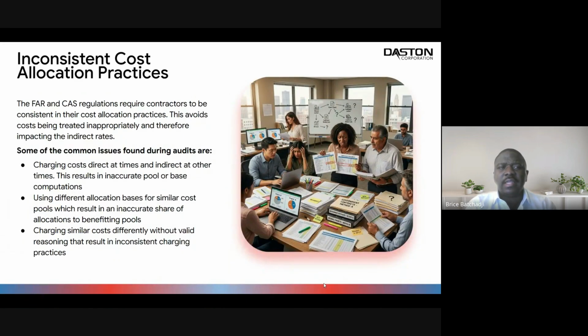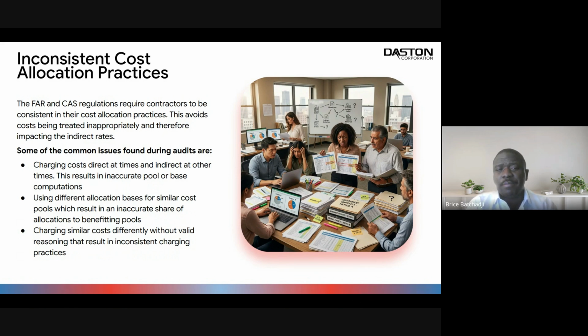On the next slide, we then discuss inconsistencies around cost allocation practices. The main one really just being certain times when the employees entering data into the system might be charging costs direct at times and indirect at other times.